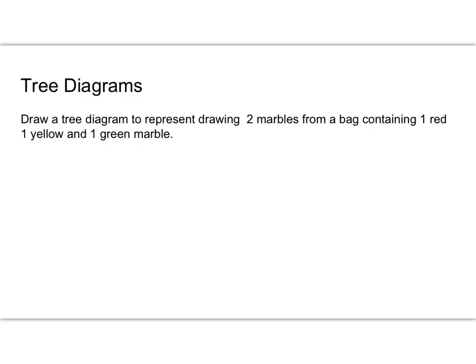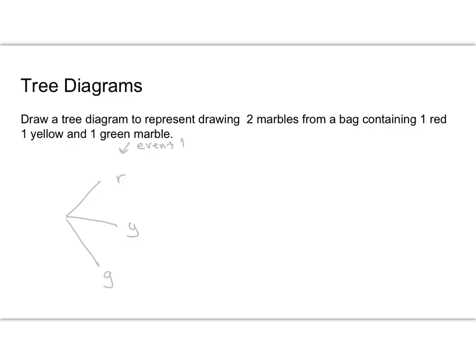And since there are 3 marbles, there's going to be 3 branches, okay? And so it could be either a red marble, a yellow marble, or a green marble. And so this represents event 1. Event 1 is drawing the first marble.